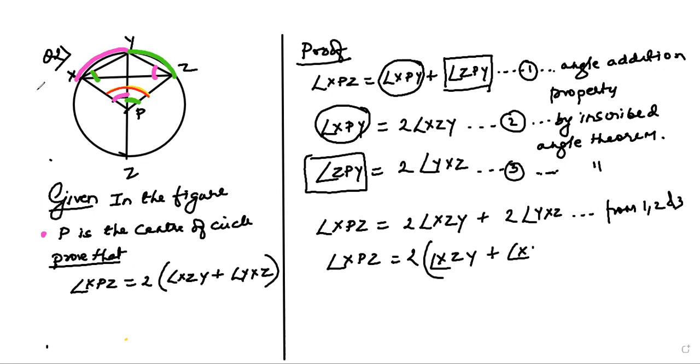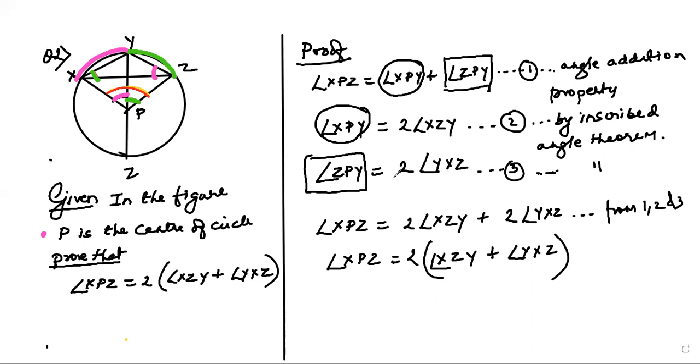So here also twice angle YXZ. Naturally, two is common, so it will be twice angle XZY plus angle YXZ, okay? And I think this is the answer we wanted. A very simple sum, but to get this idea, children, people have to really concentrate on the picture. Then perhaps you may get this sum. That's why I put it as one of the challenging questions. Such questions can be asked in your board exam.